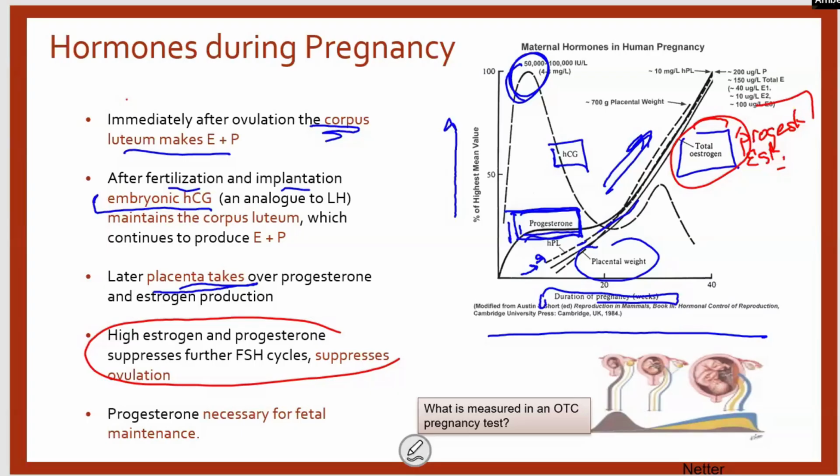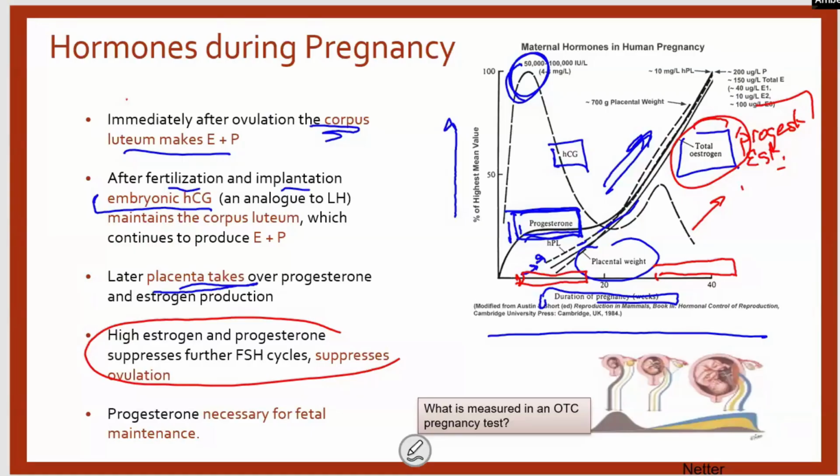So no more ovulation. At the very beginning, the progesterone is just keeping the uterine lining there. Then it's keeping everything good, but it's also helping the pregnancy and the development continue. Progesterone itself is still necessary in order to maintain the fetus.